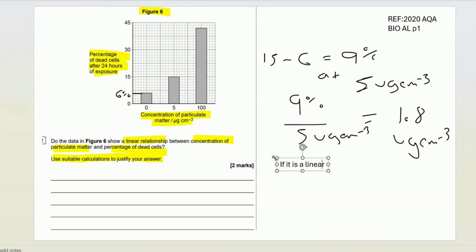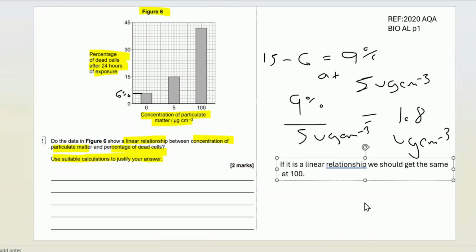So I would expect, if it's a linear relationship, that when we move to 100, that has moved up in a linear way. And what we're going to find is when we work out the percentage per microgram at the 100 bar, it's not going to be following the pattern. How do we do that?